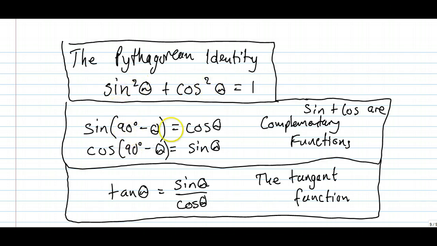The second one shows how sine and cos are complementary functions, which, if you think about it, can kind of be understood, because anytime you change one side of a right angled triangle, anytime you change the angle by making one side bigger or smaller, you're going to change the other side.